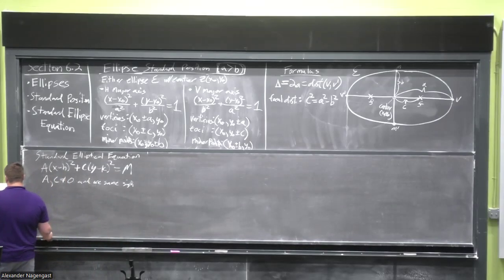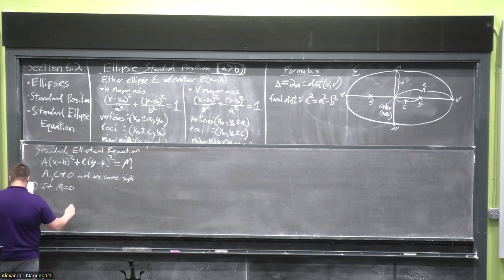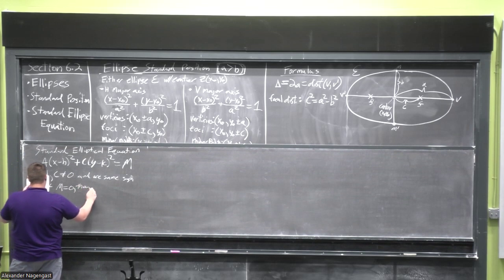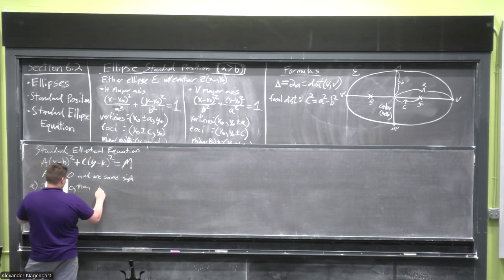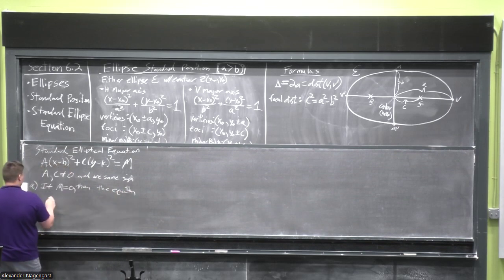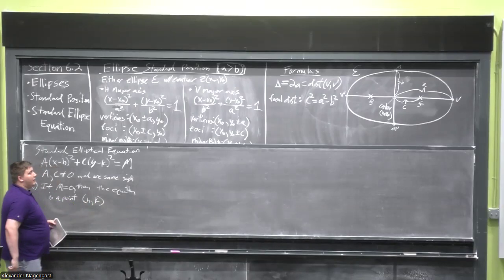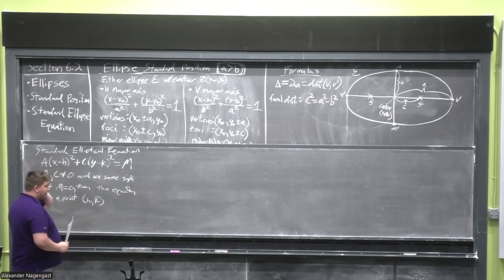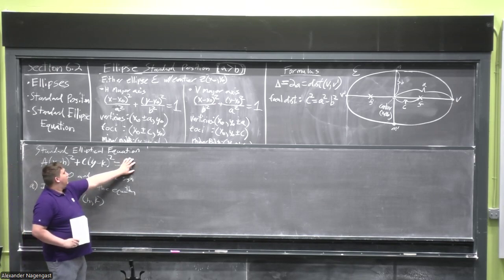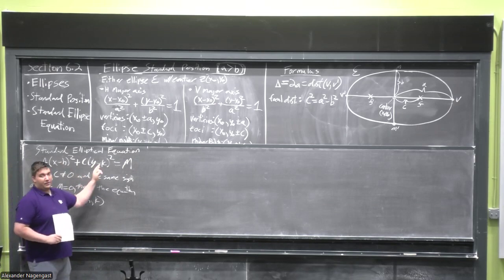We have some conditions. If M is equal to 0, then the equation is a point (h, k). In other words, if this is 0, this whole equation reduces down to just the point (h, k).